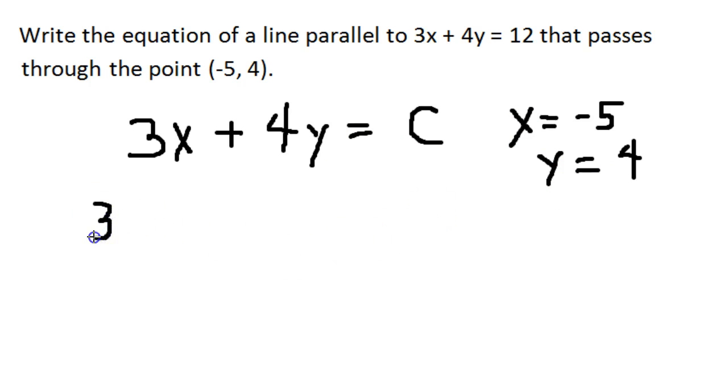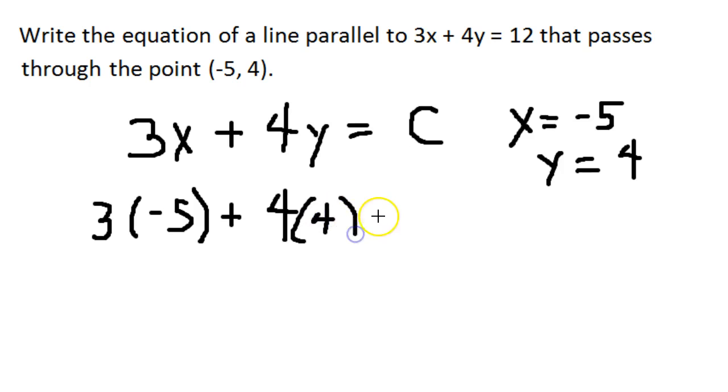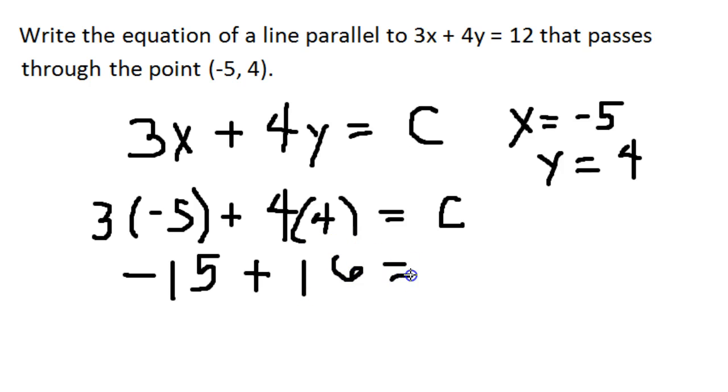So we have 3 multiplied by -5, plus 4 multiplied by 4, is equal to C. That means -15 + 16 is equal to C, which means C is equal to 1.